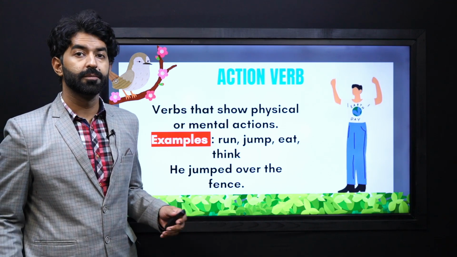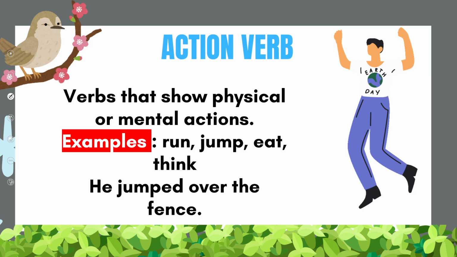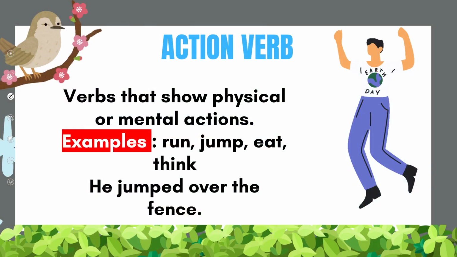Now we have a verb called action verb. It tells us the act that was performed or is performed. Verbs that show physical or mental actions are called action verbs.